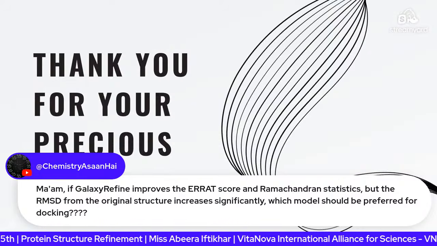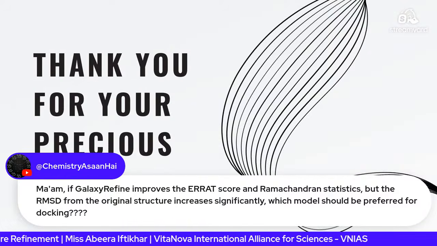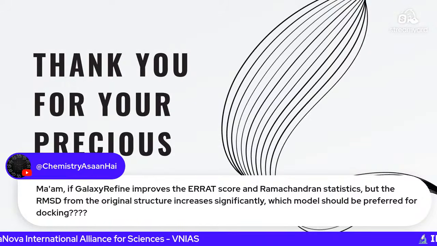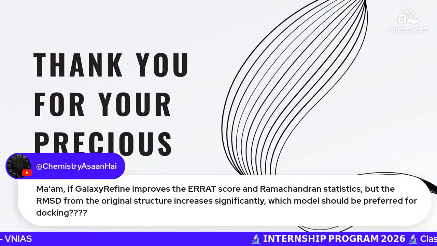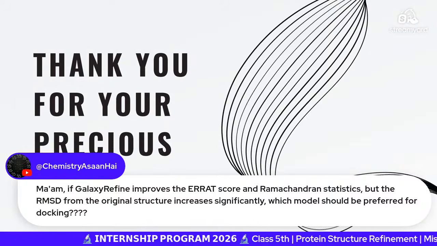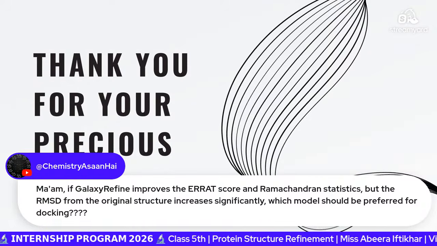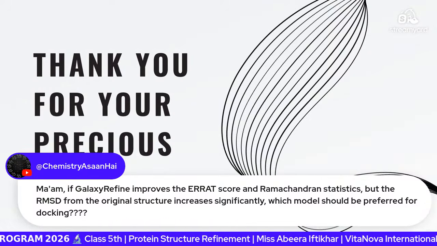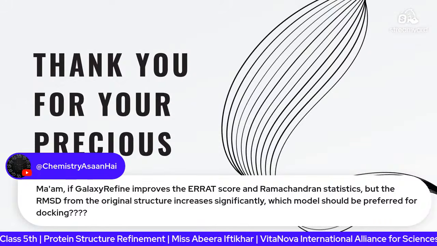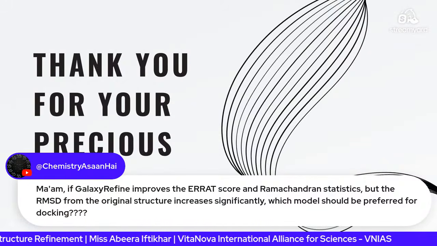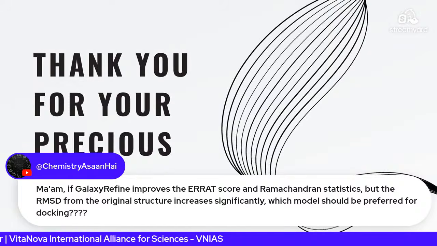Okay, the next question is: if GalaxyRefine improves the ERRAT score and Ramachandran statistics, but the RMSD from the original structure increases significantly, which model should be preferred for docking? Even if GalaxyRefine improves the score with the Ramachandran plot or the ERRAT value, we can say the RMSD can increase significantly.